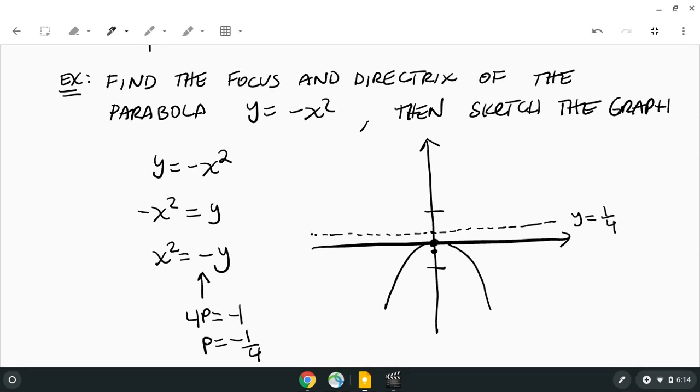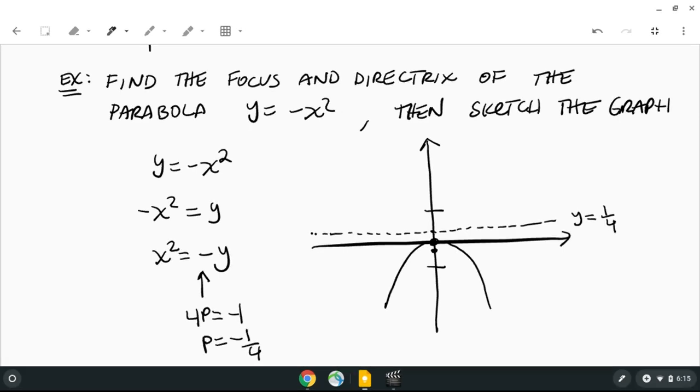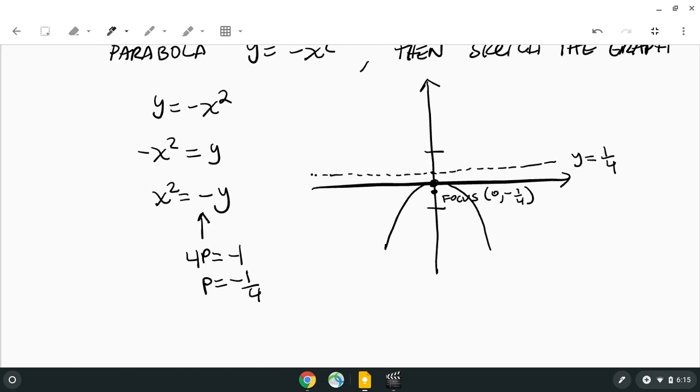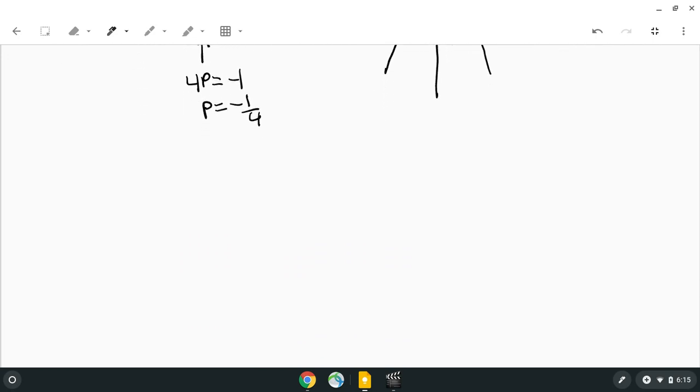And my focus over here is at 0, -1/4. And it asks us to find the focus and the directrix and sketch it, and we did.